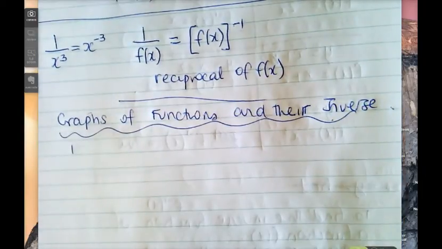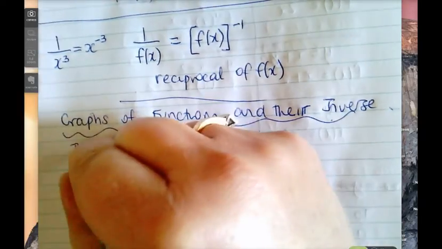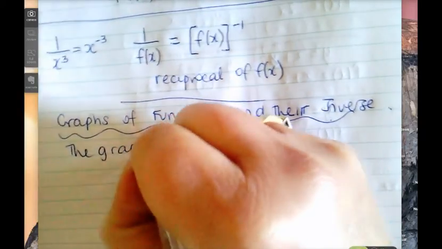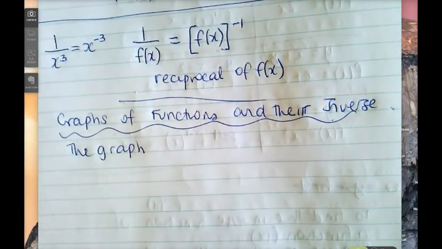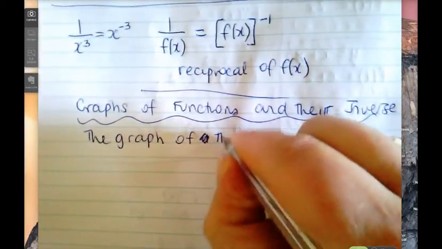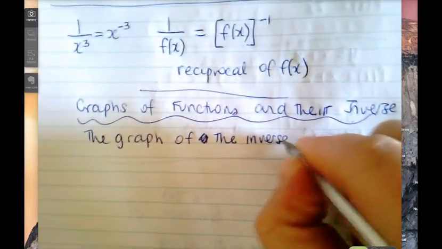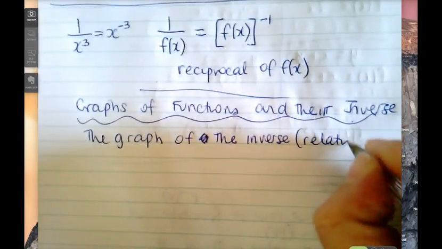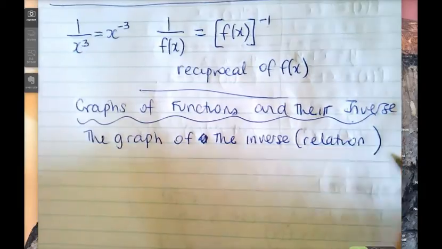So, graphs of functions and their inverse. At the moment I'm just going to call it an inverse relation, not a function, because all inverse relations are not necessarily functions.